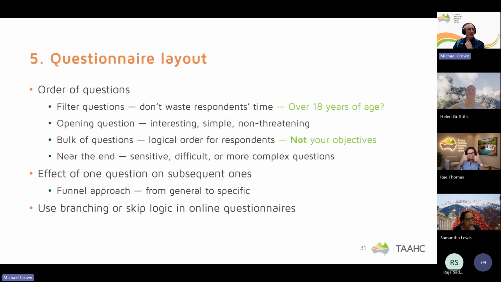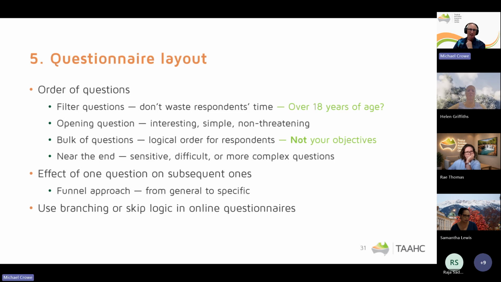Anyway, and then near the end, because people have answered all the questions, you can then ask some of the more difficult ones because they're more likely to answer them as they are the last few questions. That's called the foot in the door technique. In other words, when someone is already there, then you can ask them something a bit harder. Will they answer?